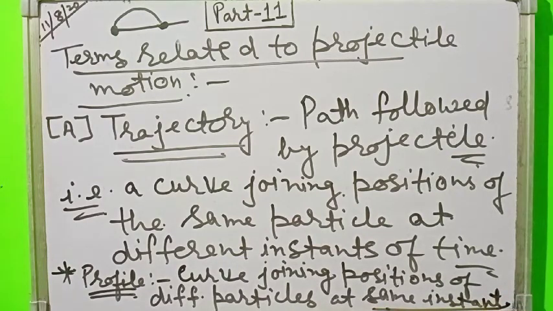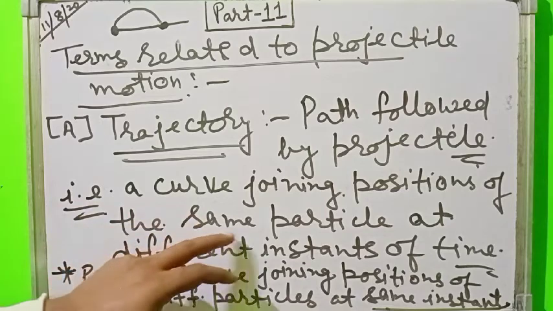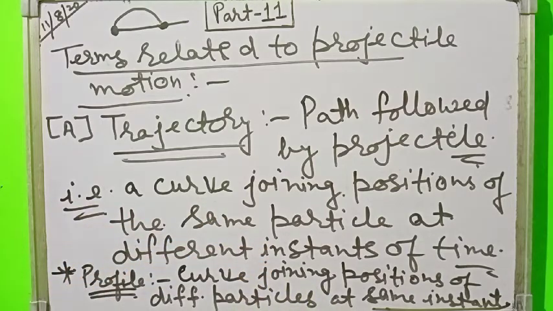If the curve joins the positions of the same particle at different instants of time, it is called the trajectory. If the curve joins the positions of different particles at the same instant of time, it is called the profile. We do not have to talk about the profile here. We have to discuss only the trajectory.